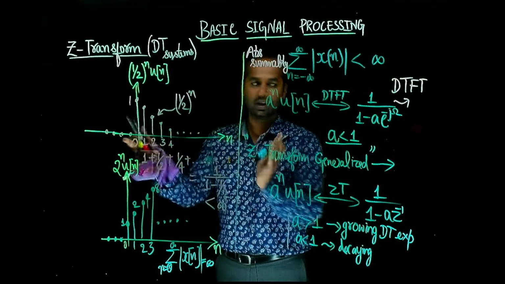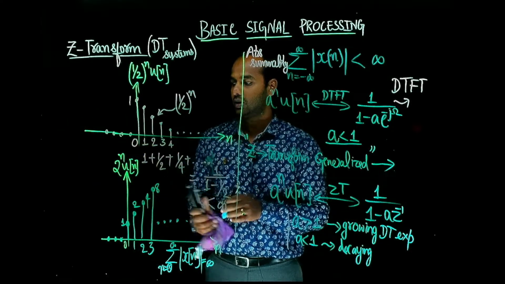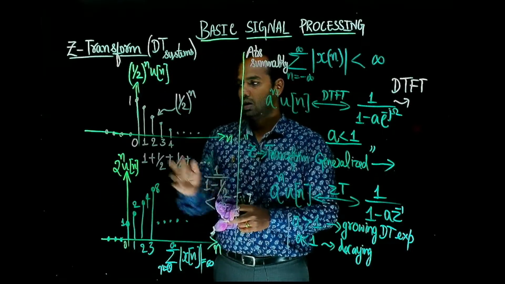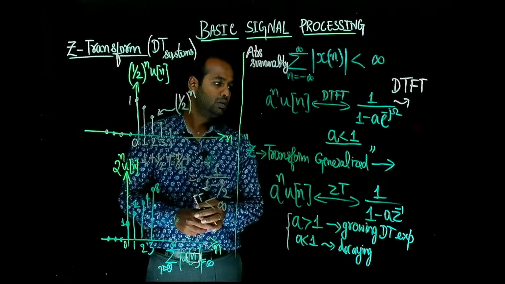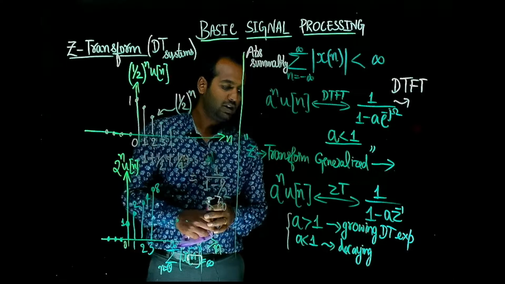Maybe it is a right-sided infinite duration signal, or a left-sided infinite duration signal which is anti-causal, or a double-sided infinite duration signal. How do we check the region where the Z transform is valid?